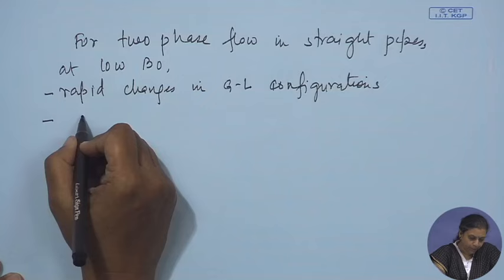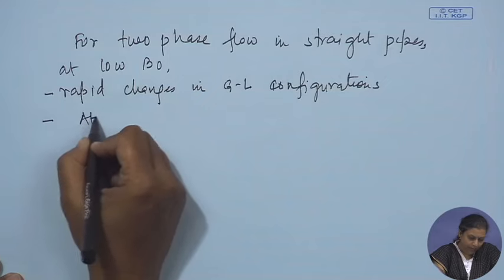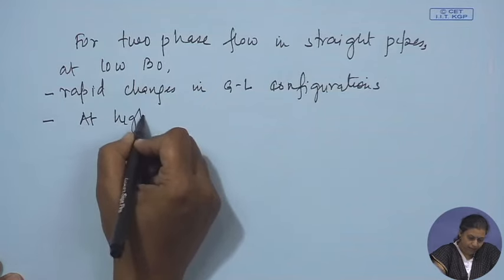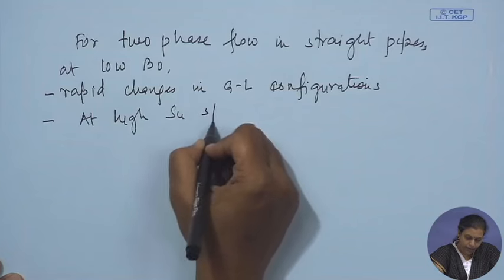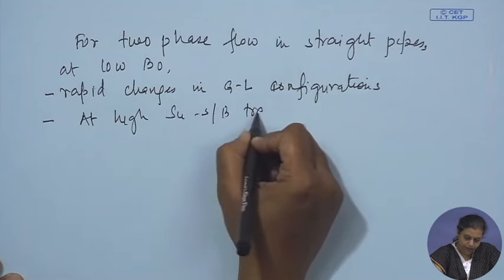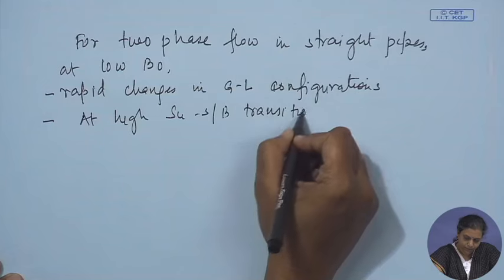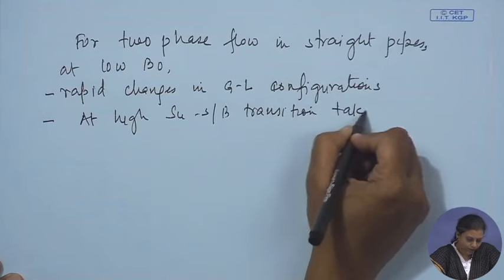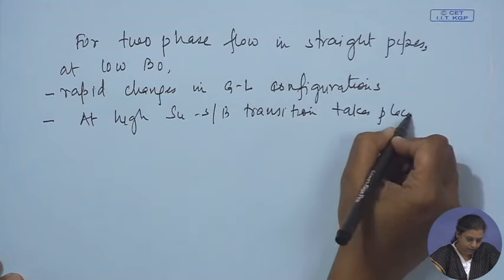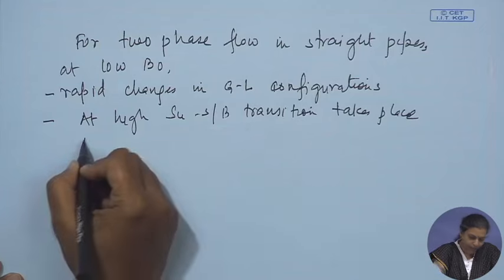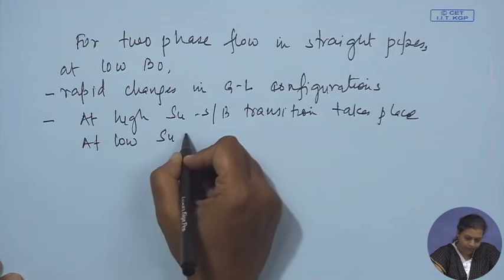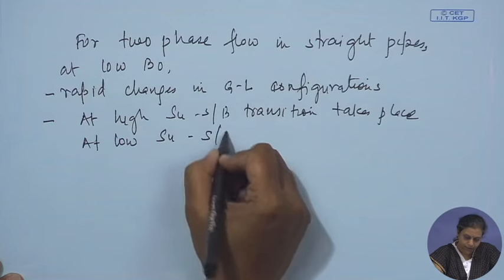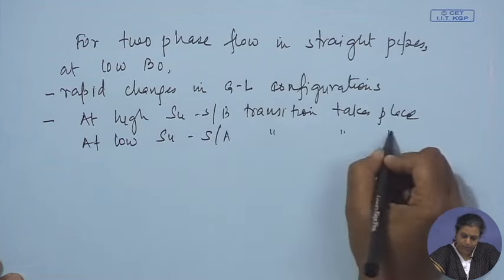And what happens? We find that at high Suratman number, slug-bubbly transition takes place, isn't it? And at low Suratman number, slug-annular transition takes place.